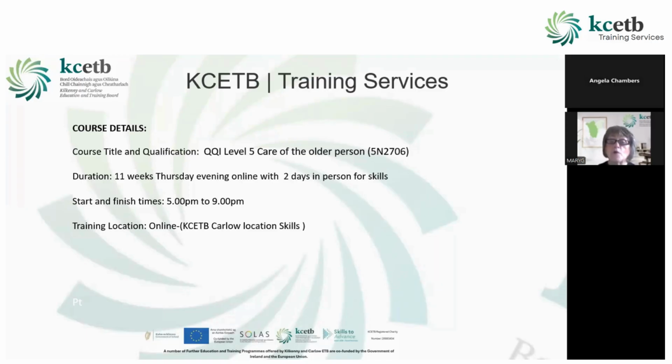But 8 of those specific modules, including care of the older person, care skills, care support, work practice, which is just a number of them, leads to a major award. There are 8 certificates required to get your qualification as a major award. It is the standard qualification that's required of a healthcare support worker or a healthcare assistant. But this specific module is one of those.